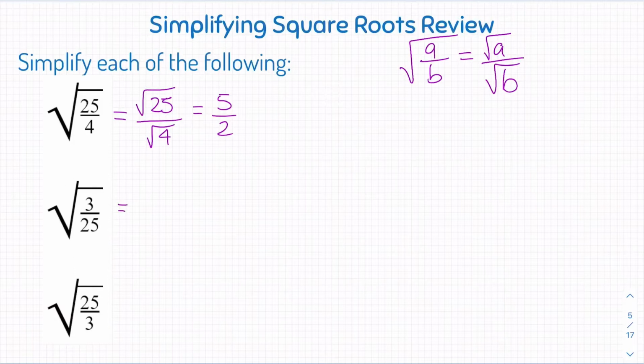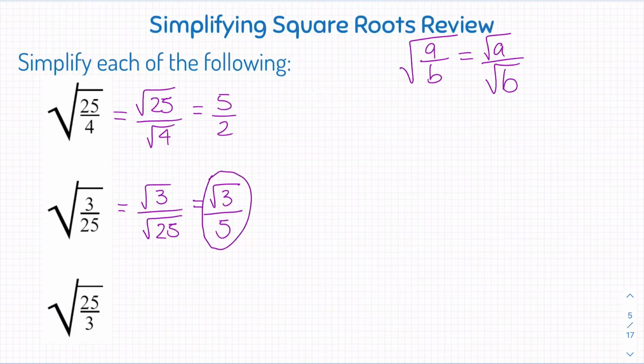The second example, the square root of 3 over the square root of 25. Well, I don't know the square root of 3, and there's no perfect square that divides into 3 evenly other than 1. But I know the square root of 25 is 5. So this is completely simplified.